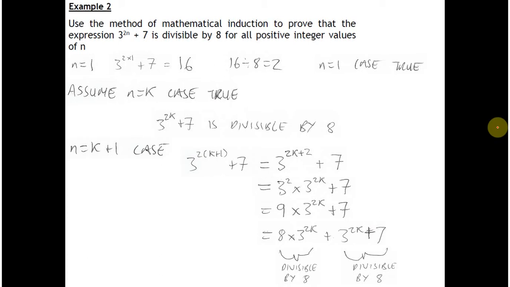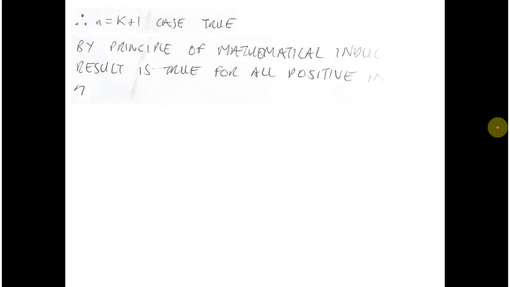So the original is divisible by 8. Therefore the n equals k plus 1 case is true. By the principle of mathematical induction, the result is true for all positive integers n. And we do really need to write these down in exam questions to make sure that we get all the marks.